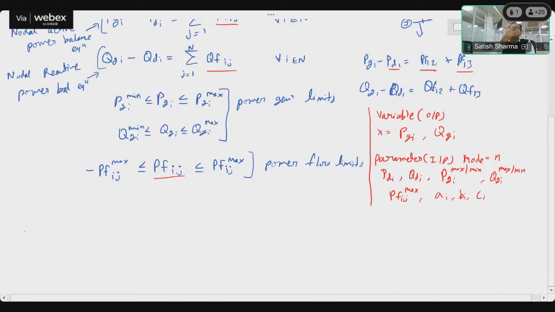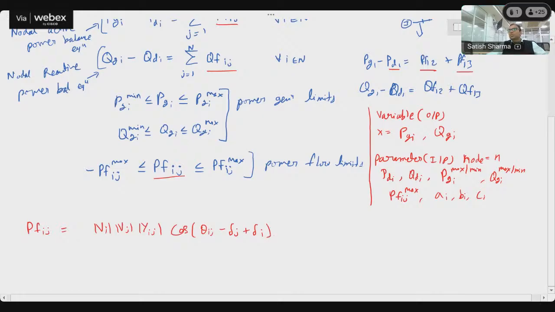Yes, one of you answered that line flows will come from the load flow problem. So I can write down this pfij. This will be Vi, Vj, magnitude of Yij, then cosine of theta ij minus delta j plus delta i.